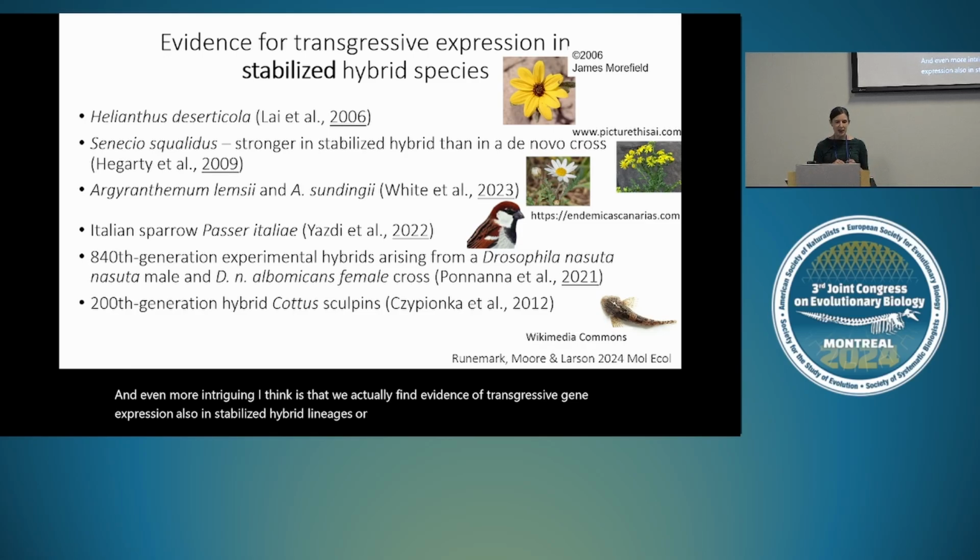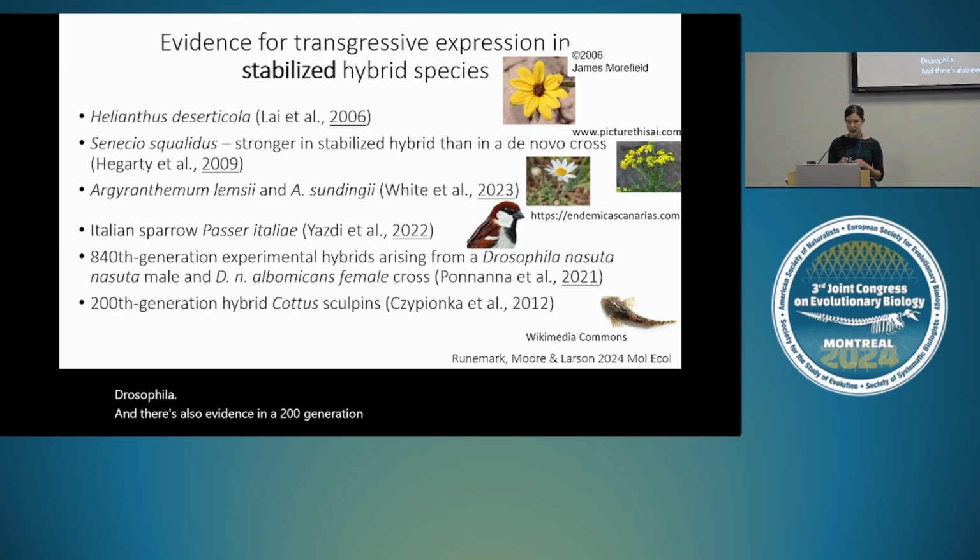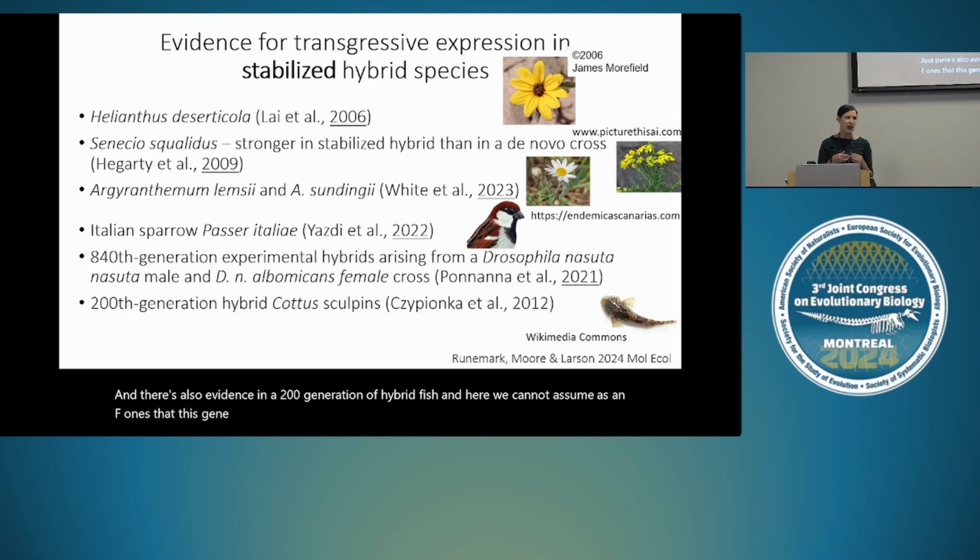There are three flower examples, then there's a sparrow, and a Drosophila, sorry, no image for the Drosophila in this version. There's also evidence in a 200 generation hybrid fish. Here we cannot assume, as in F1s, that this gene expression is misexpression that could have severe fitness consequences. So I think this is very interesting.